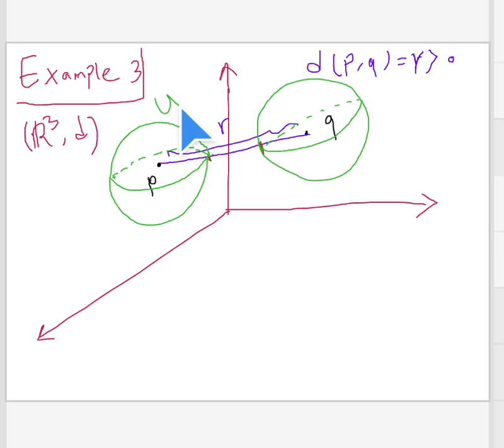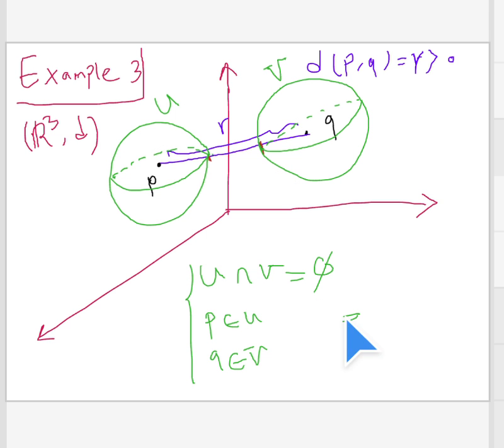I call it U, I call it V. U intersection V is empty. P belongs to U, Q belongs to V. Then R3 with the Euclidean metric on it is Hausdorff.